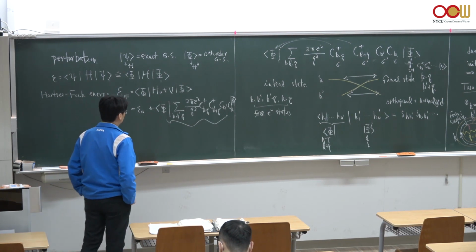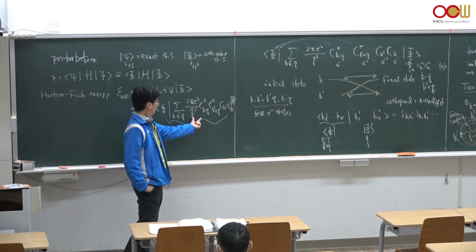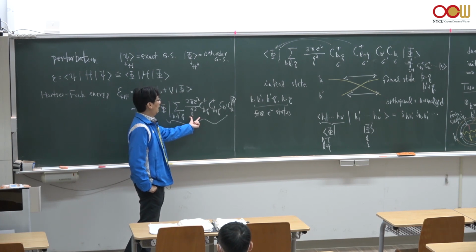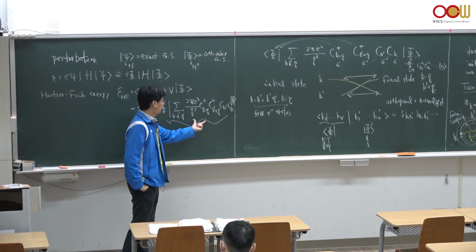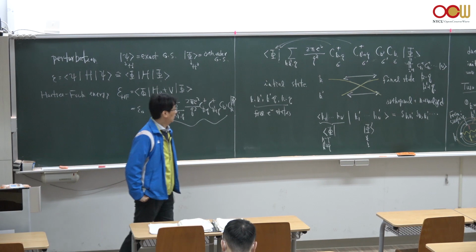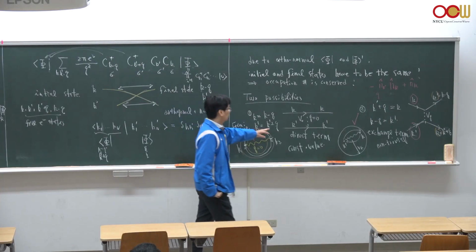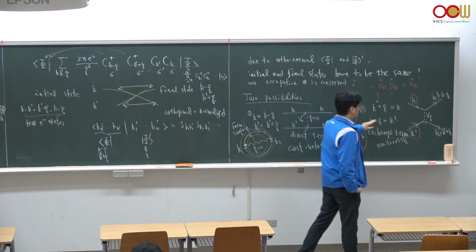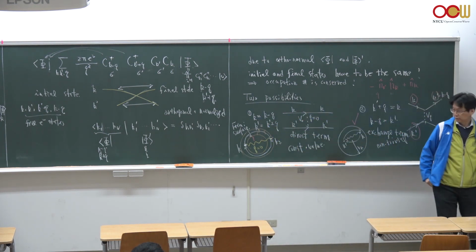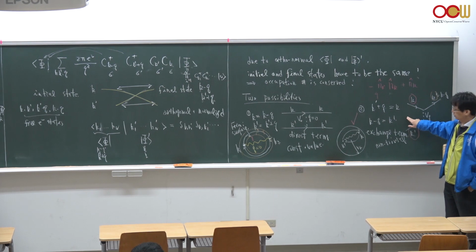We perturb this by introducing the small, weak Coulomb term, and we try to evaluate this matrix element. There are two contributions. One is the direct term, which we will compute next time, and another is the exchange term, which gives rise to non-trivial contributions.